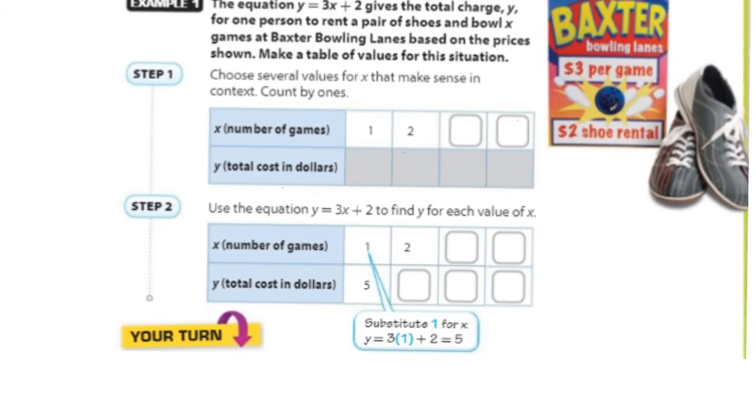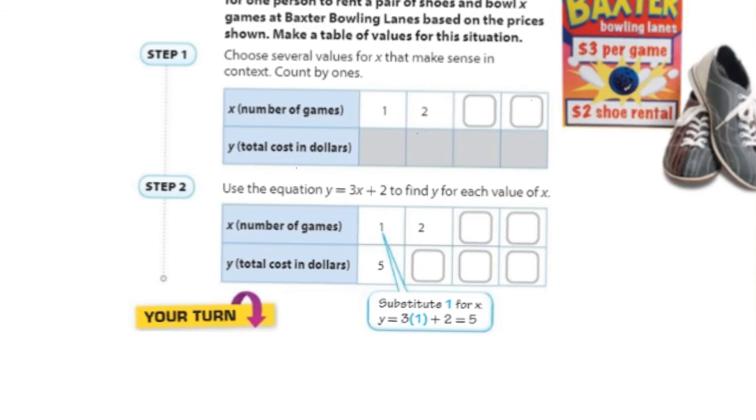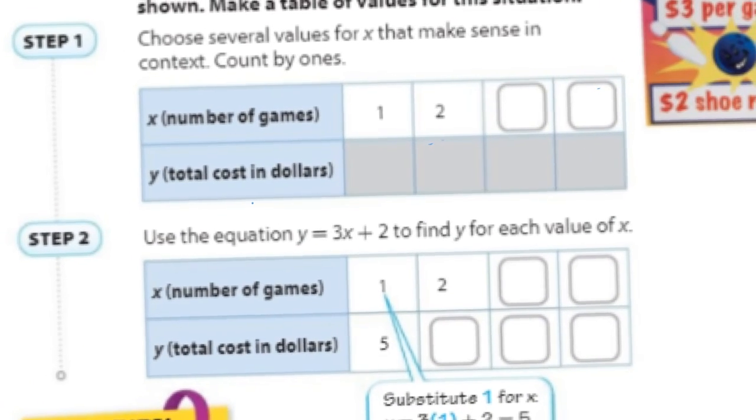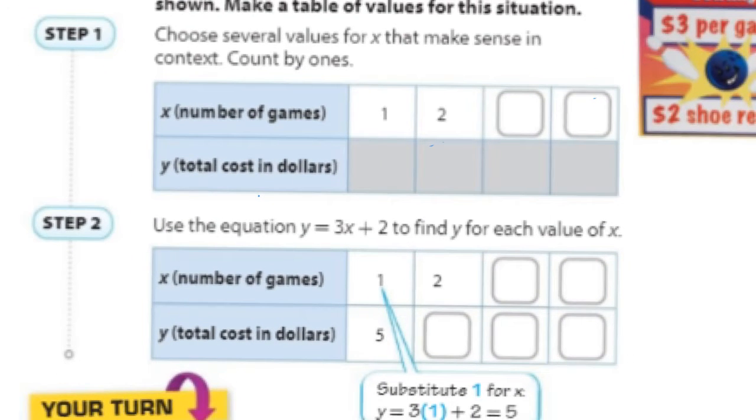So I'm just going to try to make this bigger. Why are you not cooperating? There you are. This table and this table are exactly the same. They want us to put two numbers here in step 1, transfer them down into step 2, and then finish it off. But let's just do it all in step number 2.